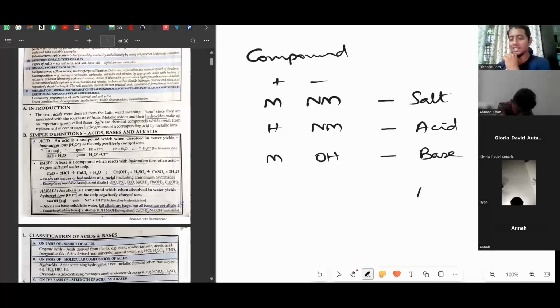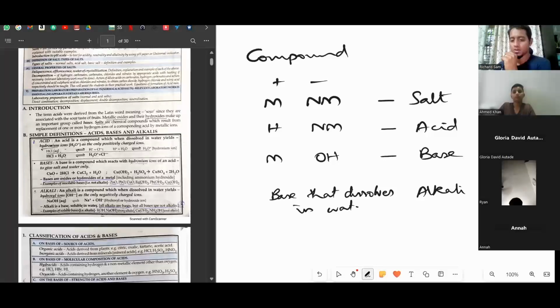Now, what is an alkali? Any base that dissolves in water is an alkali. So these are the simplest definitions for what is a salt, acid, base, and alkali. What is the chapter's name?